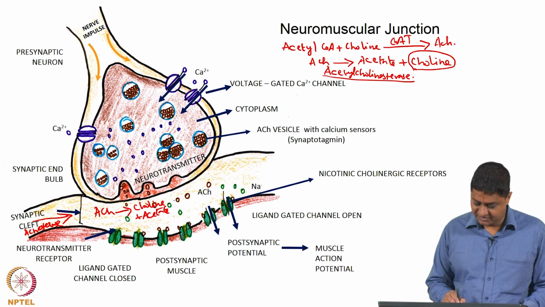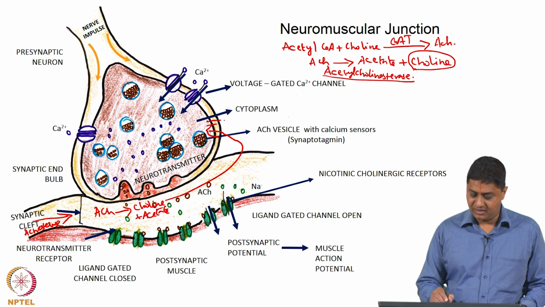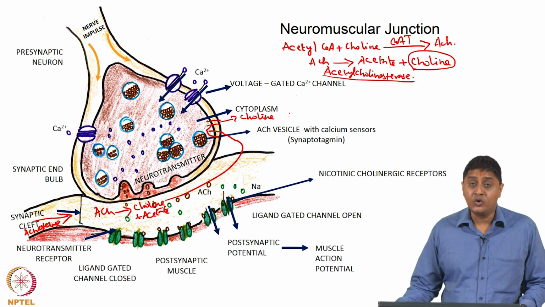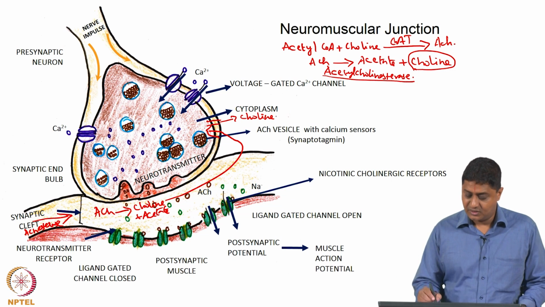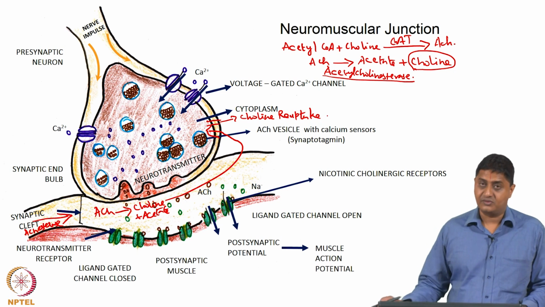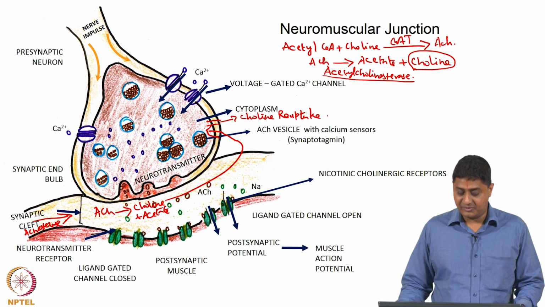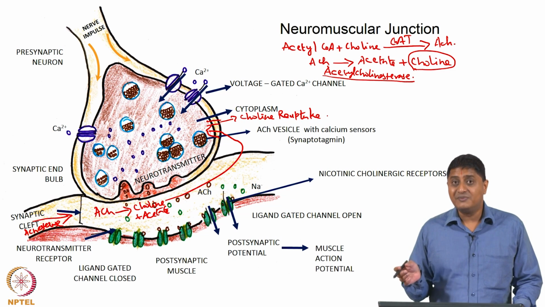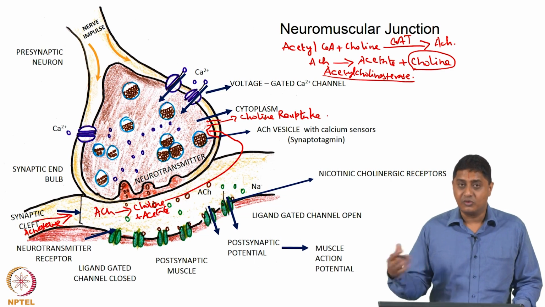The acetate group escapes the system, whereas choline is reuptaken into the presynaptic terminal by choline reuptake mechanisms. This choline will be recycled by choline acetyltransferase to make more acetylcholine.